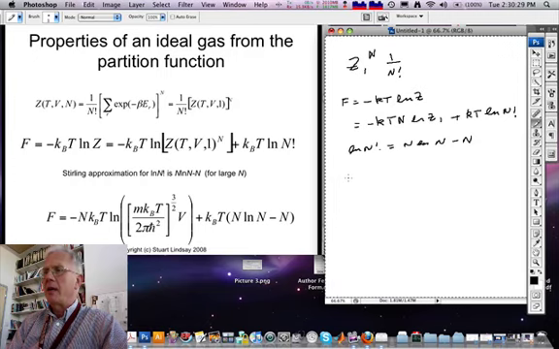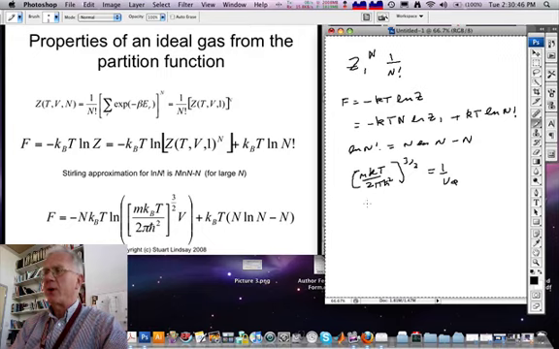Notice that if we expand this out, this quantity in parentheses, the NkT over 2 pi h bar squared to the 3/2, is 1 over the quantum volume. This expression then is just the ratio of the volume to the quantum volume.